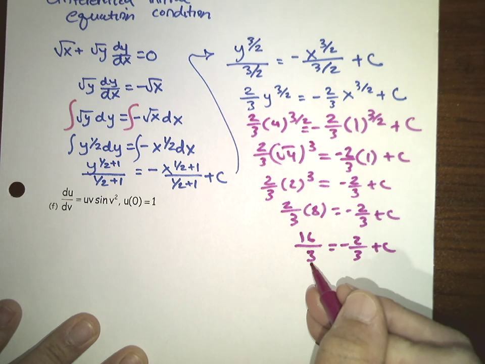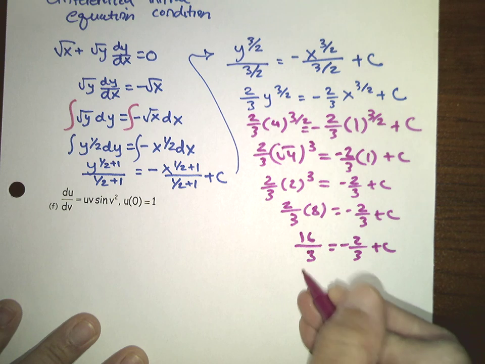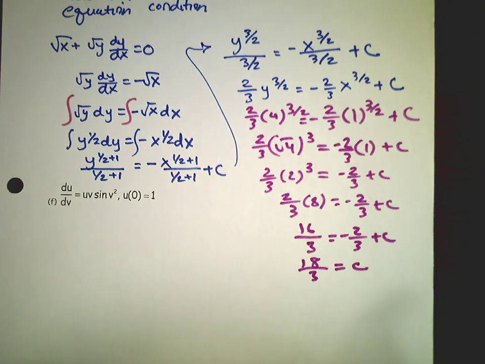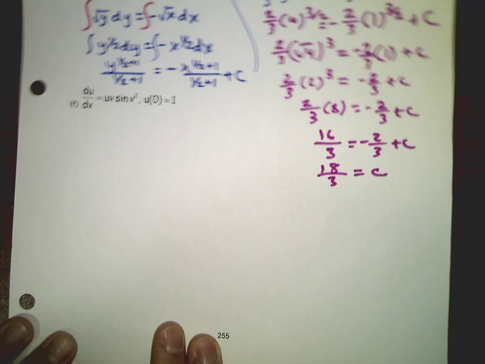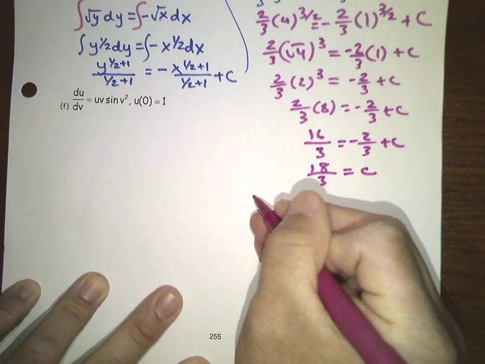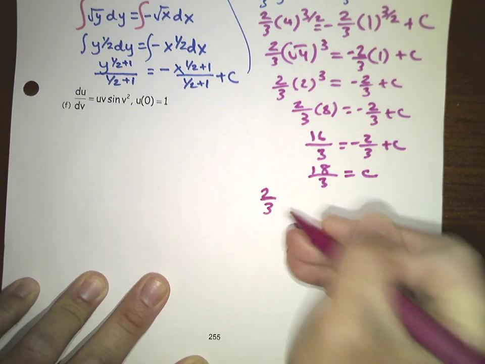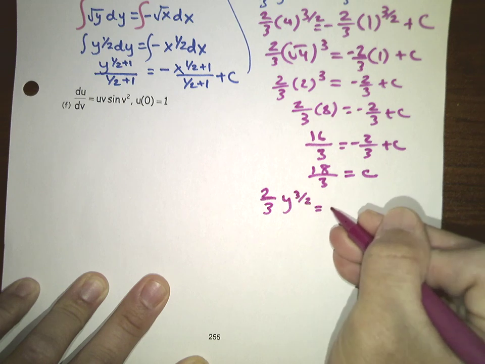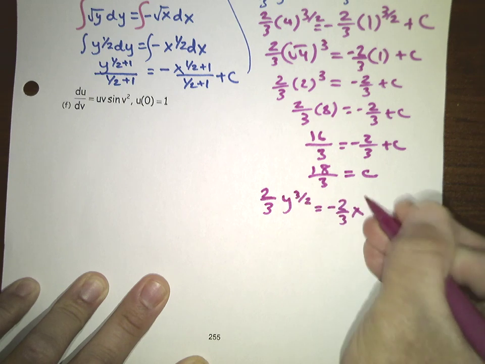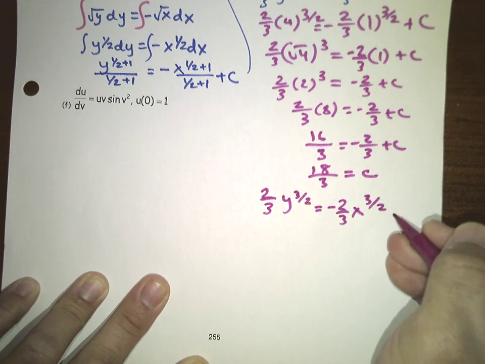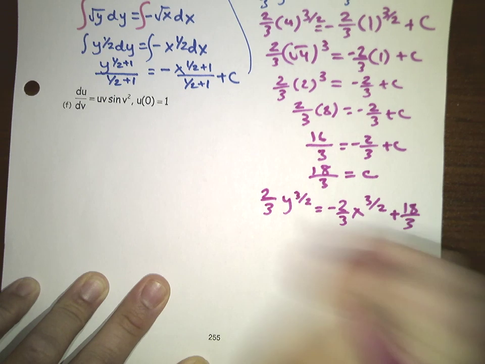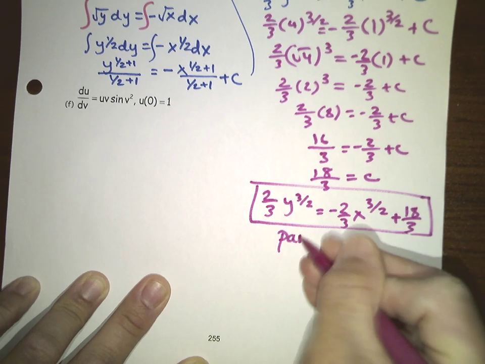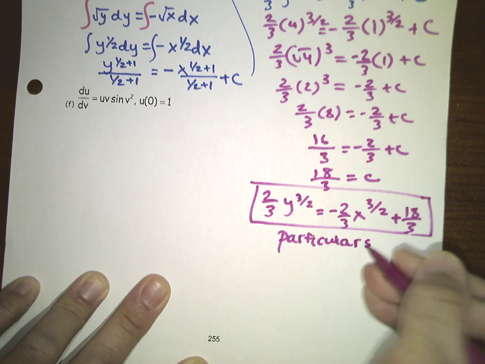So then you add that here, so you have 18/3 equals c. So then the equation becomes 2/3 y to the 3 halves equals negative 2/3 x to the 3 halves plus 18/3, and that is what I call a particular solution.